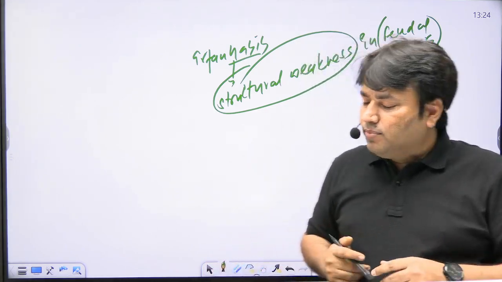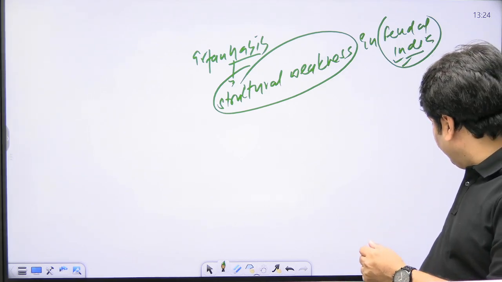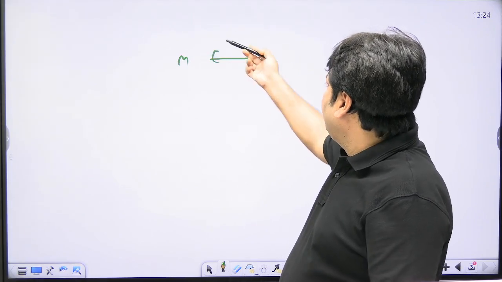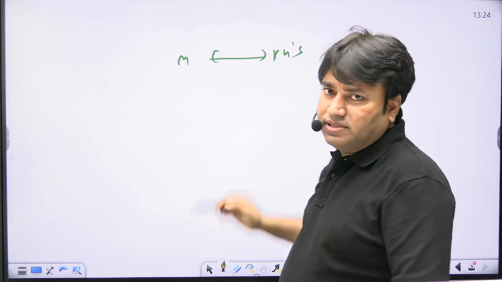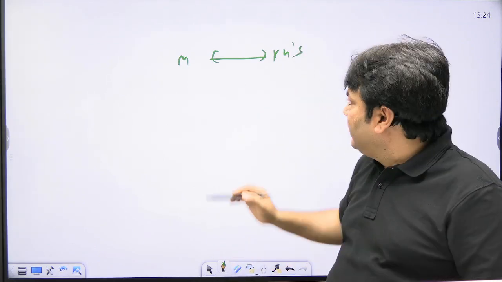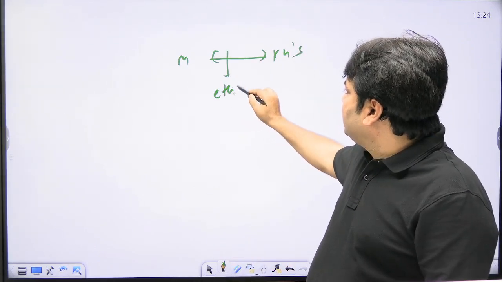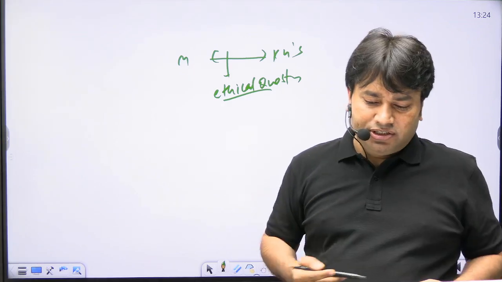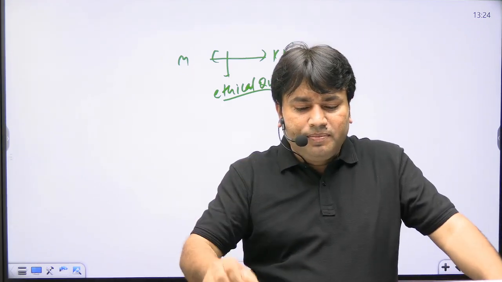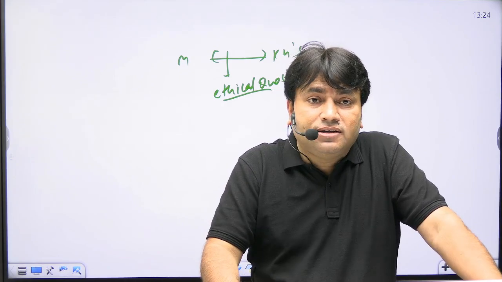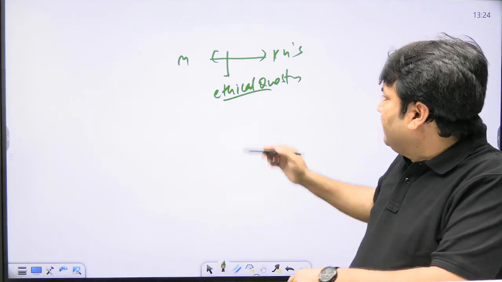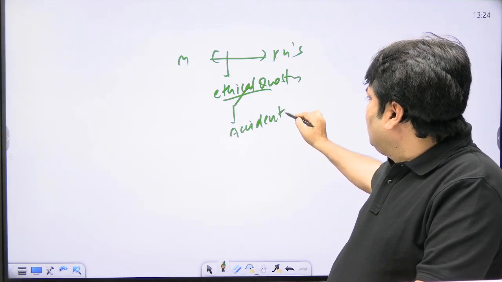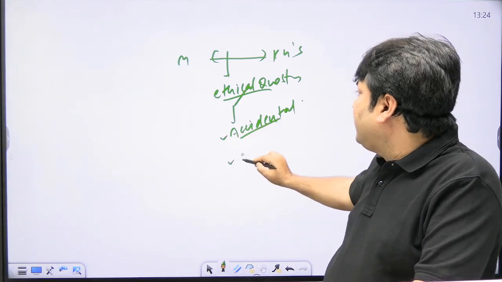Now, the third important point here is that in this process, where mercenaries became the kingmakers, there was also an ethical question involved. And what was that ethical question? Okay, the ethical question was: was this process accidental or was it well planned?